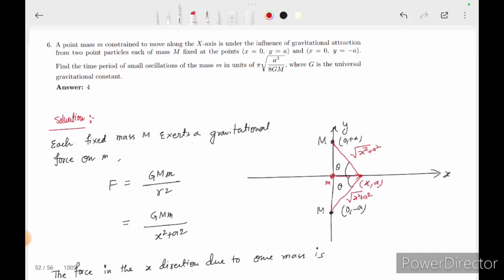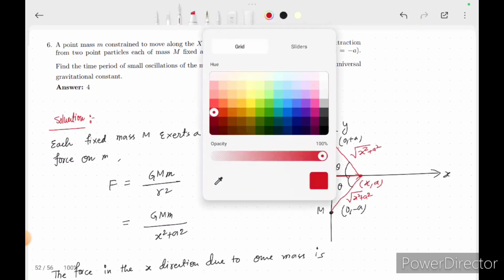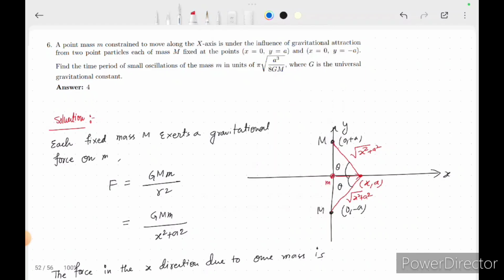Now we go to question number 6. A point mass m, constrained to move along the x-axis, is under the influence of gravitational attraction from 2 particles, each of mass capital M, fixed at the points x equals 0, y equals a, and x equals 0, y equals minus a.